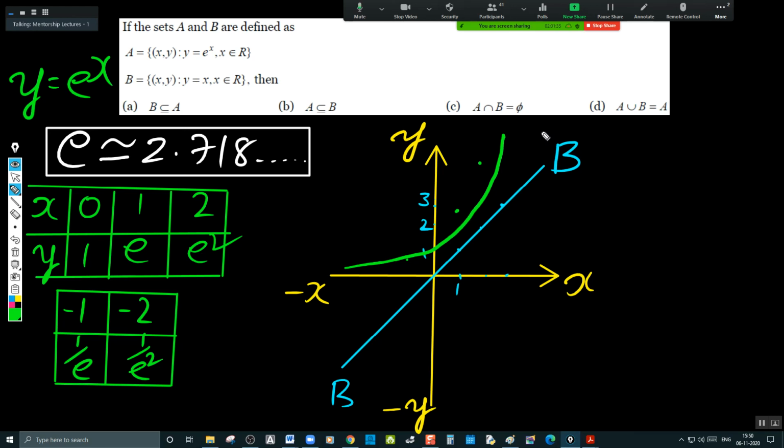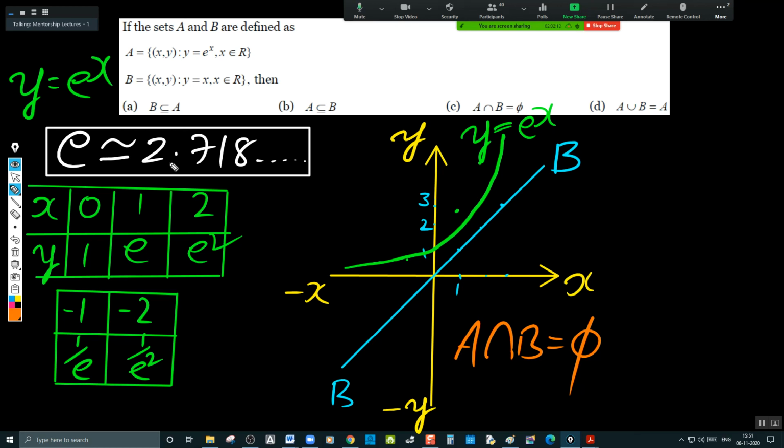It is called an exponential function. That is the reason why even that e is also named like that. Is there any intersection for these two? No, sir. Is there any common values for these two? No, sir. So what should your A intersection B be now? Null set. That's it. So your option is C there.